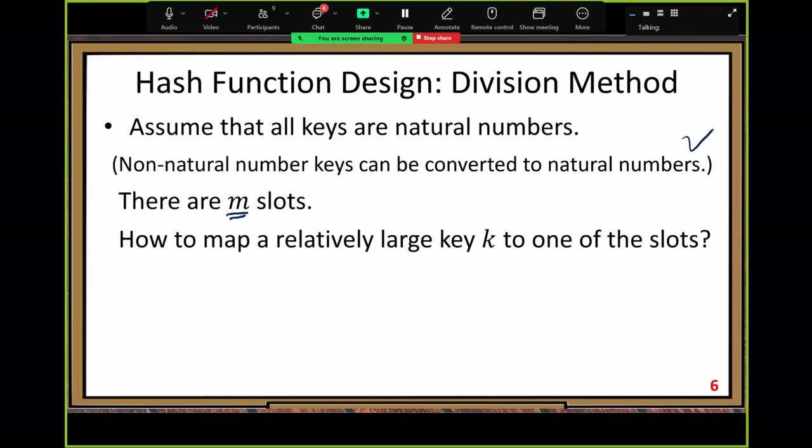Although we know there is a possibility two different keys could be mapped into the same slot. That's the collision problem. We will discuss how to handle the collision problem later.